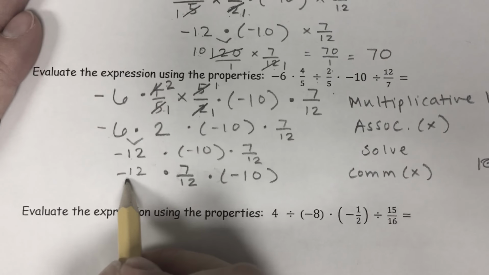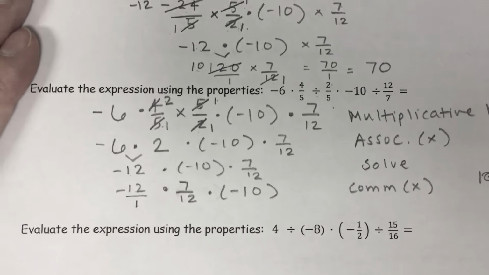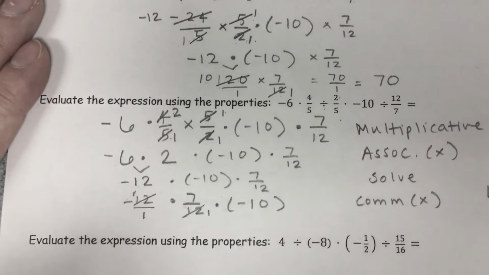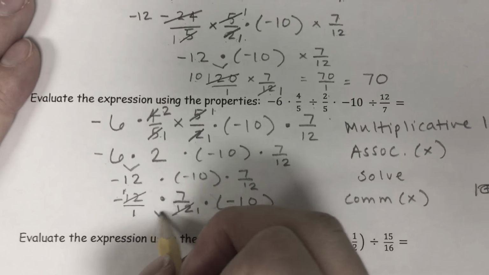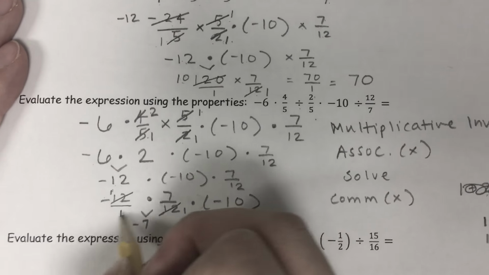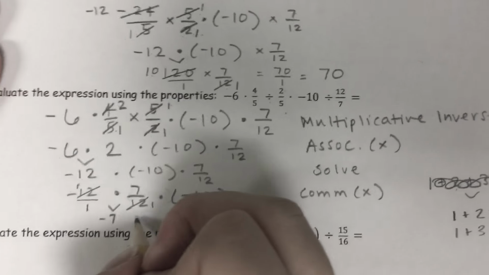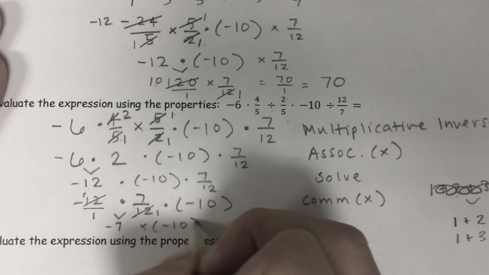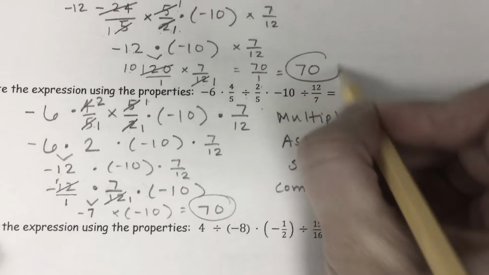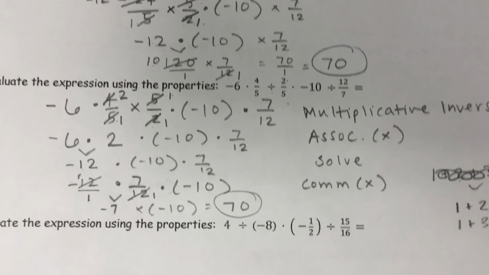Okay, negative 12, we can make that over 1. The 12s will cancel out, and I'm left with a negative 1 on top. So negative 1 times 7 is a negative 7 over 1, which is just negative 7. Times negative 10, we ended up with a 70. And as you can see, we got a 70 as our answer in both methods.